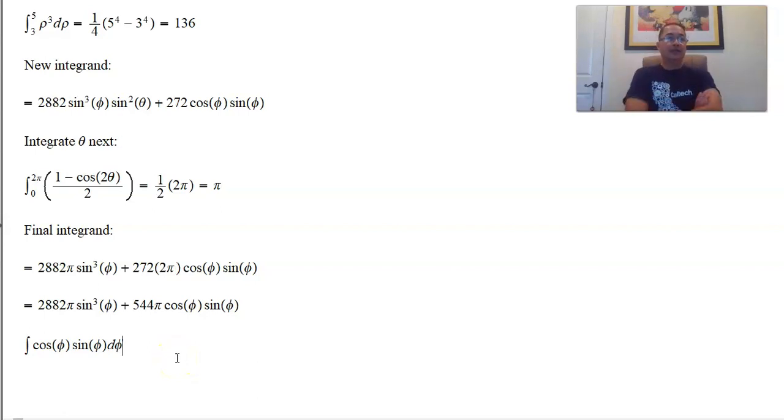U substitution: u is sine of phi, du is cosine. So we have u squared over 2, that is going to be 1/2 of sine squared of phi. And we are going from 0 to pi over 2.